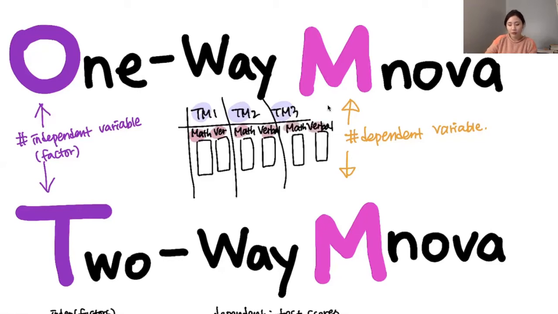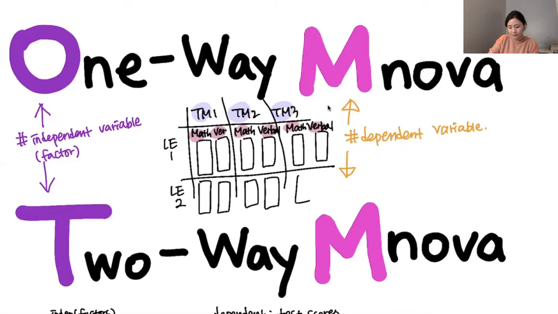Because we have 2 dependent variables, math test score and verbal test score, we call this one-way MANOVA. What if I want to compare teaching method and learning environment? We could add one more row in the table: learning environment number 1 and learning environment number 2. We also have test scores for both math and verbal.